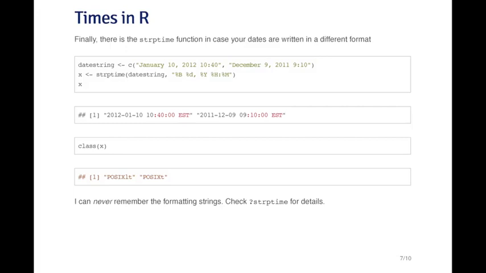And so that's the format of the times here. After I call strptime and I print out x, I get these time objects that are printed out in the standard format. When I look at the class of this object, you'll see it's in a POSIXlt format, and that's the underlying list format here.